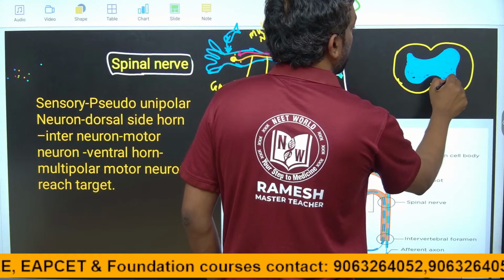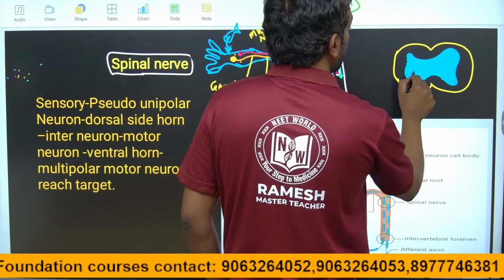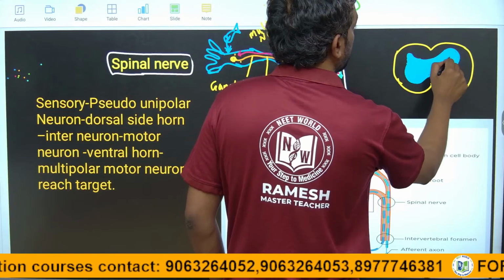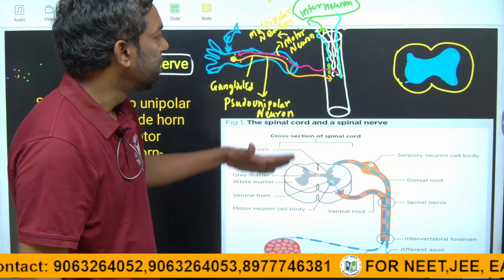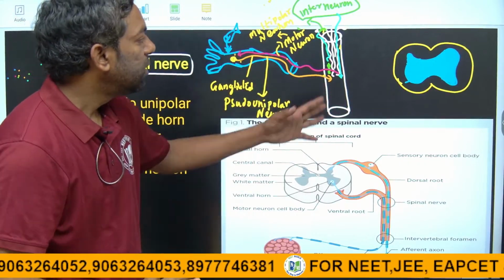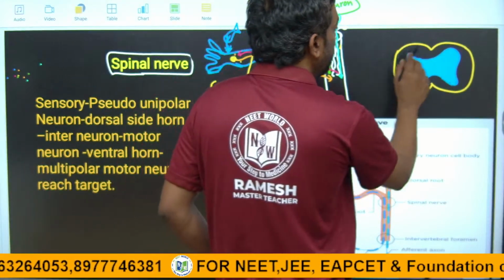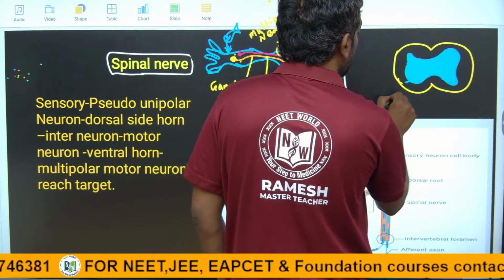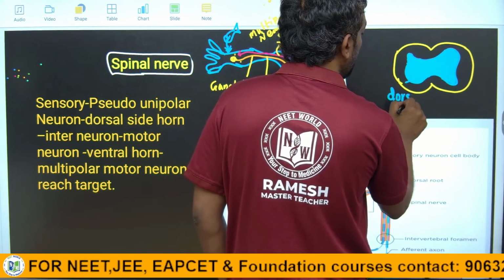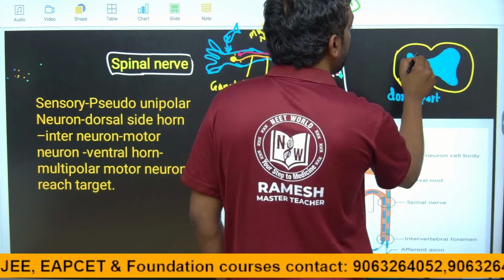This is gray matter, guys. So, the information: this is the anterior part, posterior part, and dorsal and ventral part. This is the dorsal part, this is the ventral part.